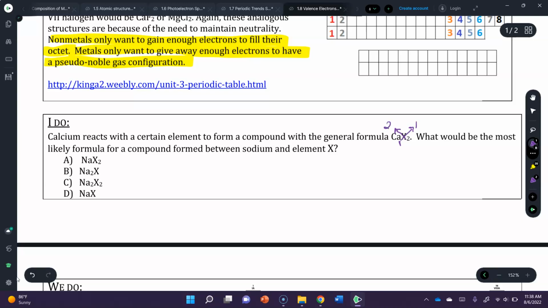We know that calcium is 2 and the X anion has to be 1. Because calcium is a cation, it is 2+, so this must be a 1-. So now when we relate this to sodium, we know that sodium is in group 1A and forms a 1+ charge. When paired with the X group, that's 1-, so the ratio must be NaX, which is our answer, D.